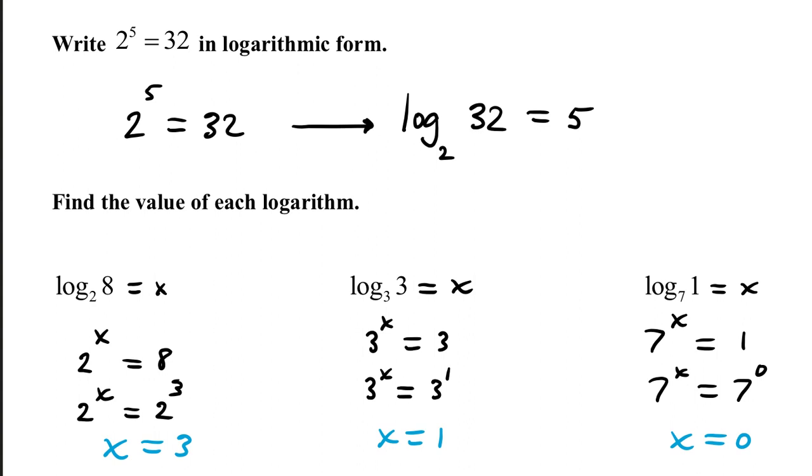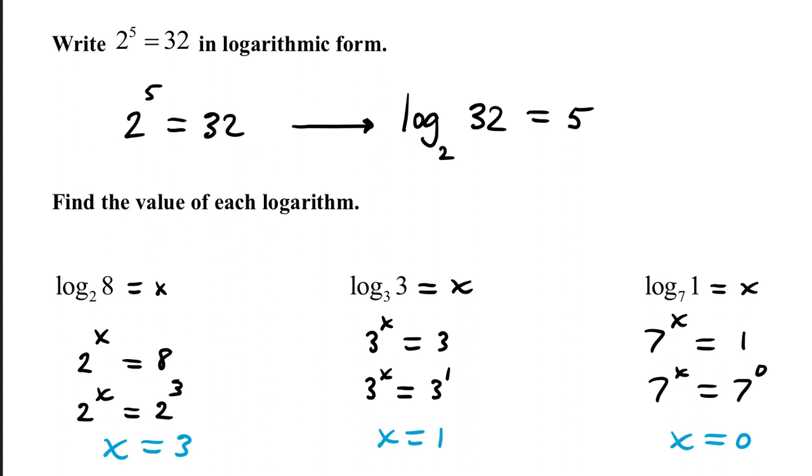And then finally, on the far right side, at the bottom right, we have log base 7 of 1 equals, turns out it's 0. 7 to the x power equals 1 after we translate. 1 you can write as a positive number to the 0. We need to use a 7 to get our bases to match. But once we write 1 as 7 to the 0 power, we have matching bases, so x has to be 0.